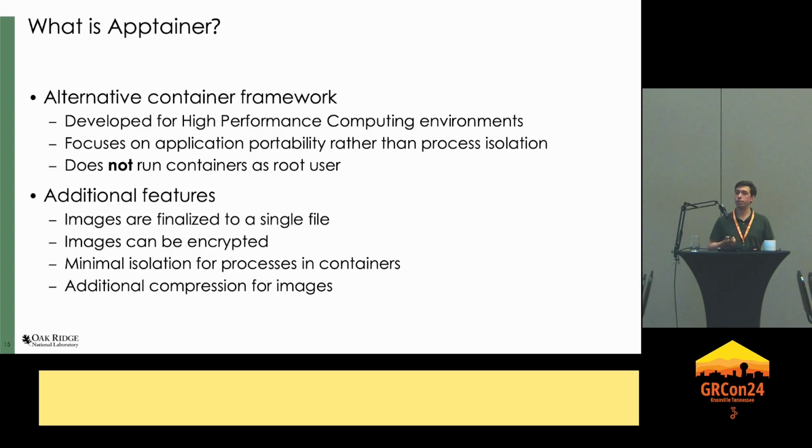But to run that image, you'd have to decrypt it, untar it, and then re-import it. Whereas Apptainer has built-in encryption, so you can have an image that is encrypted and run it without having to do all those steps that I mentioned. Lastly, there's also very significant additional compression for images that Docker does not utilize.